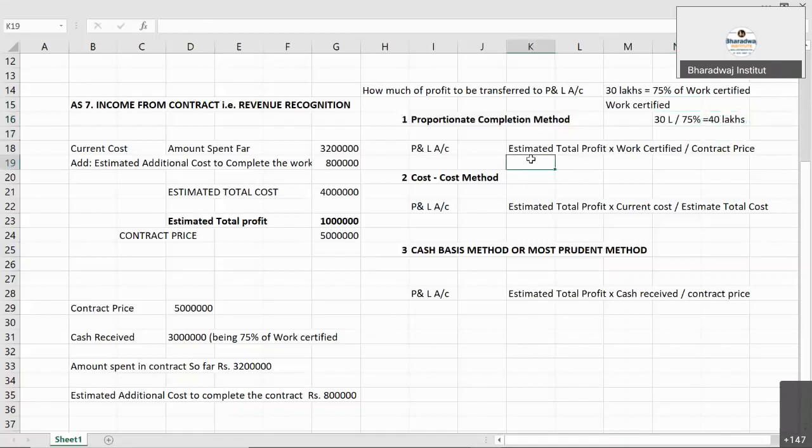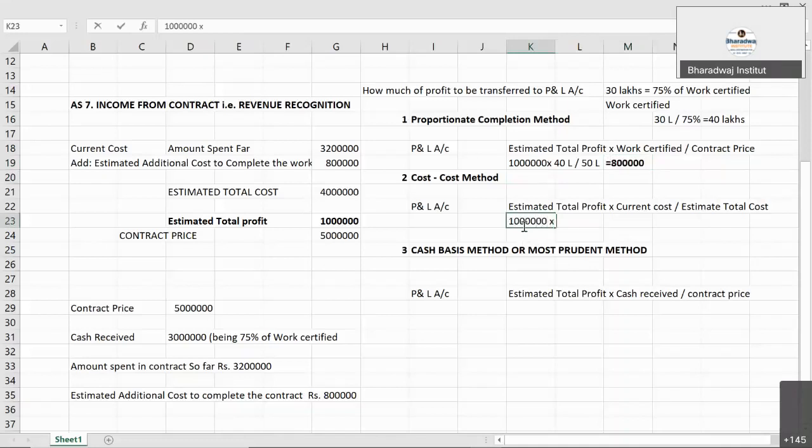So estimated total profit is 10 lakhs into work certified 40 lakhs divided by contract price 50 lakhs. What is the answer you are getting? 8 lakhs. 8 lakhs of profit will be transferred to the P&L account.